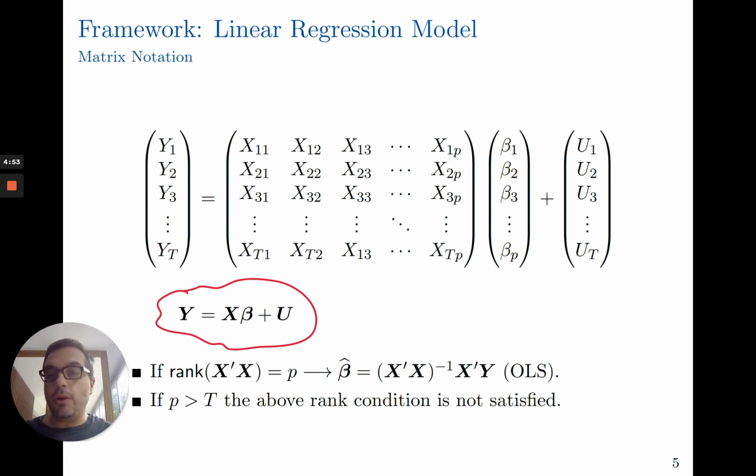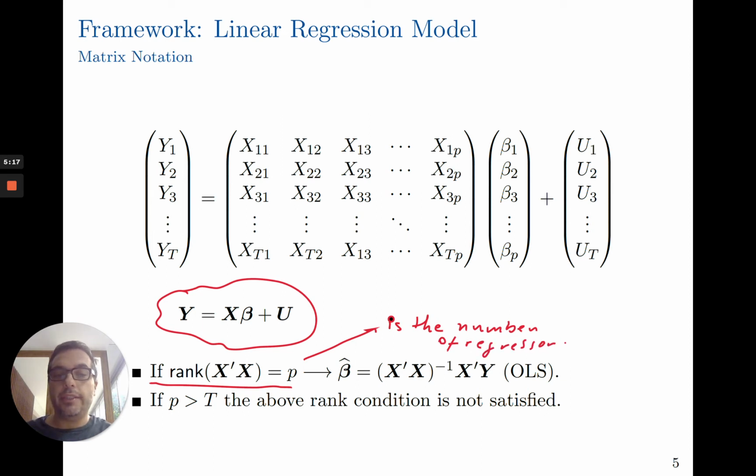What we know is that if x prime x is full column rank, that is, if the rank of x prime x equals p, where p is the number of regressors, we can estimate the model by OLS, and the solution is pretty simple. Everyone knows that the OLS estimator beta hat is given by (x prime x) inverse x prime y.